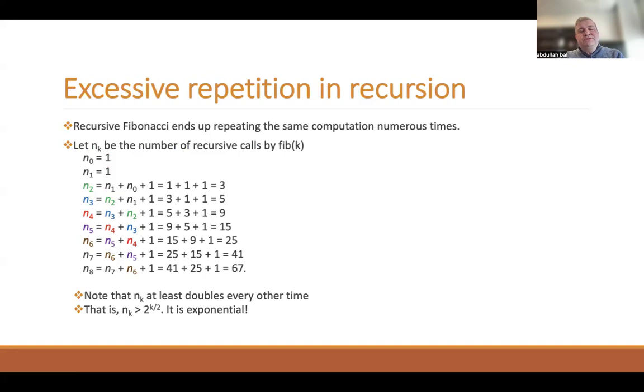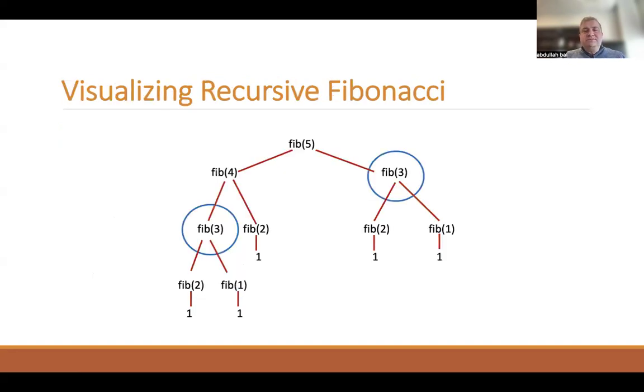We call this process excessive repetition. Here, this graph displays explicitly the same problem. For Fibonacci number 5, we need to compute Fibonacci number 3 here and Fibonacci number 3 here again.